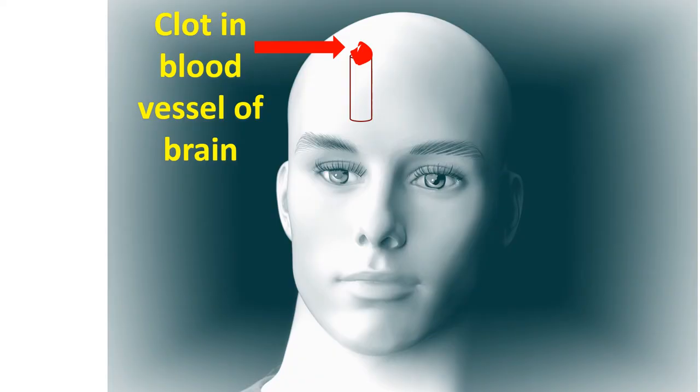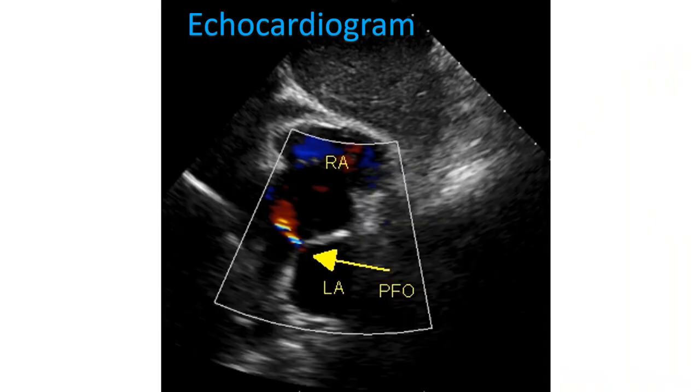Some advocate closure of the PFO with a device, especially after a stroke, to prevent recurrence. This is considered only if right to left shunting across the PFO is demonstrated. PFO can be documented by ultrasound study of the heart known as echocardiogram. It will also show right to left shunting during certain types of strain, suggesting the risk of paradoxical embolism.